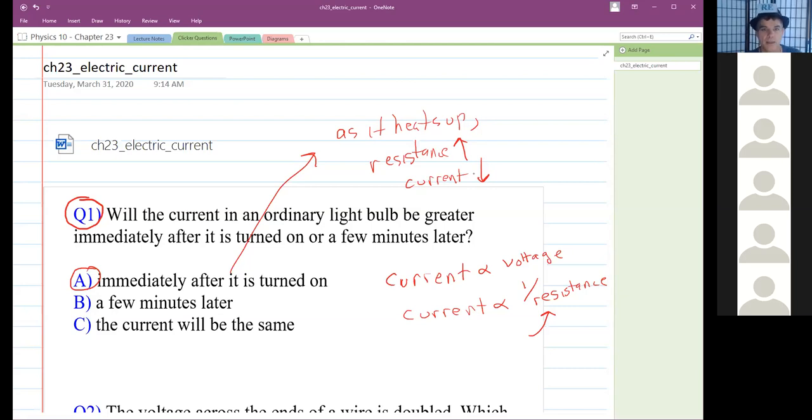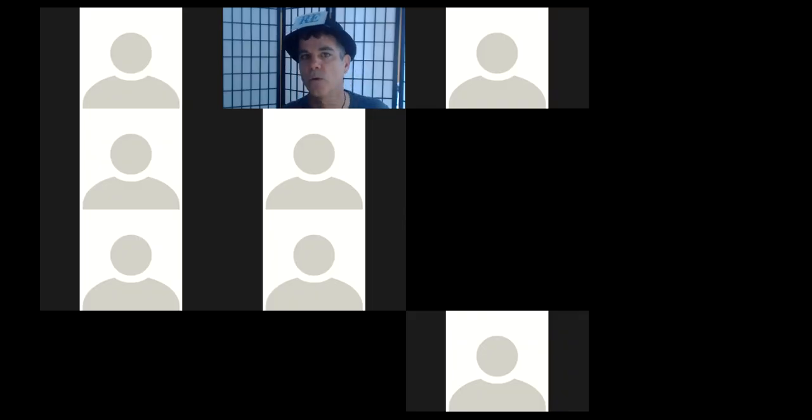All right, let me stop this again and just open it up. This is kind of an important point that comes up. Temperature affects resistance. As things heat up, the atoms and molecules start moving faster. As that happens, it's harder for electrons to travel through a wire, which means the resistance of the wire goes up. In a normal light bulb circuit, as the bulb is on, it heats up.